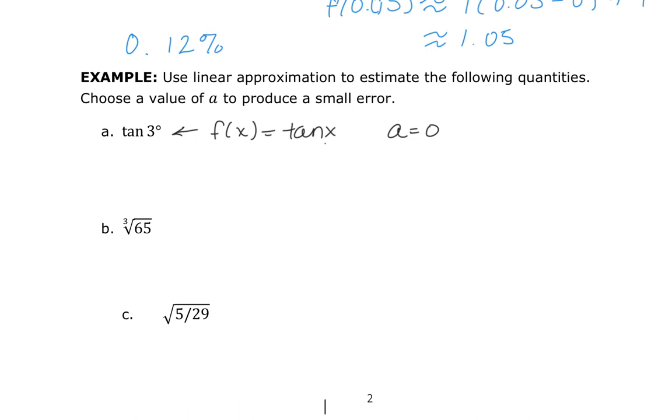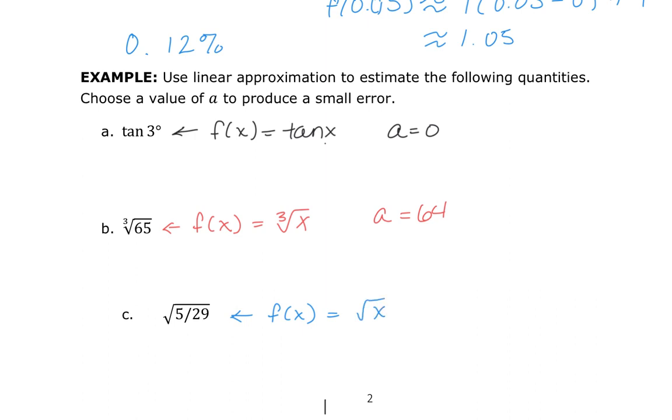And for B, here, it looks like what I'm asked to do is the cube root of x. And I know the cube root of 64 is 4. So I will use a of 64. And then on C, it looks like my function f of x, I would use the square root of x.